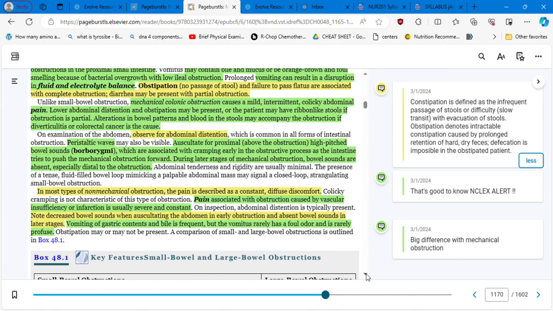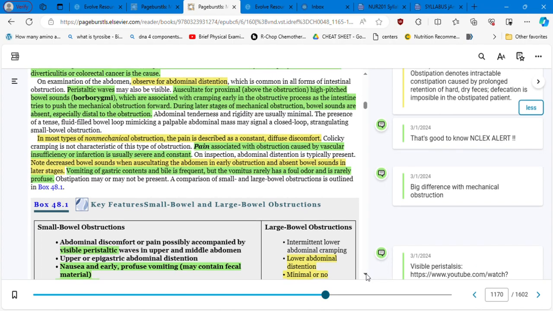I'm telling you. Okay. In most types of non-mechanical obstruction, the pain is described as constant, diffuse discomfort. Pain associated with obstruction caused by vascular insufficiency or infarction is usually severe and constant. That's the difference with mechanical obstruction, right? Make the difference there.